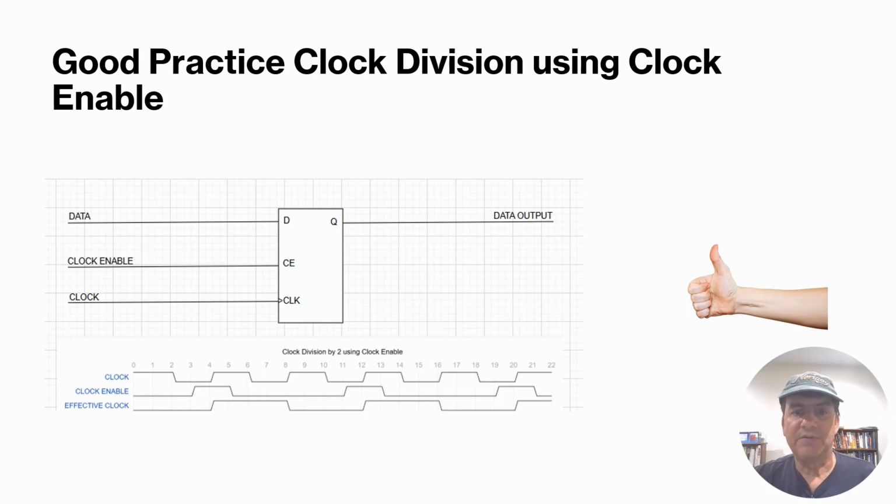Some advantages of using the global clock network include ultra-low skew, typically less than 50 picoseconds, high drive strength, allowing it to reliably clock thousands of flip-flops, and dedicated routing resources which isolate the clock from general fabric congestion and reduce variability in clock arrival times.